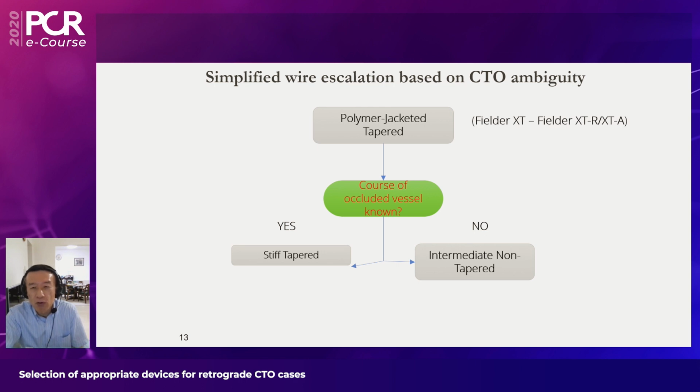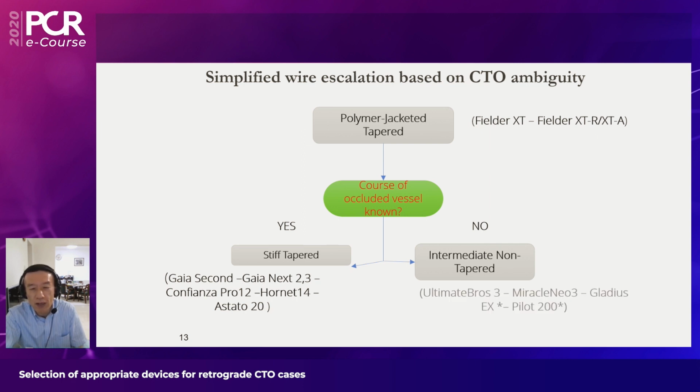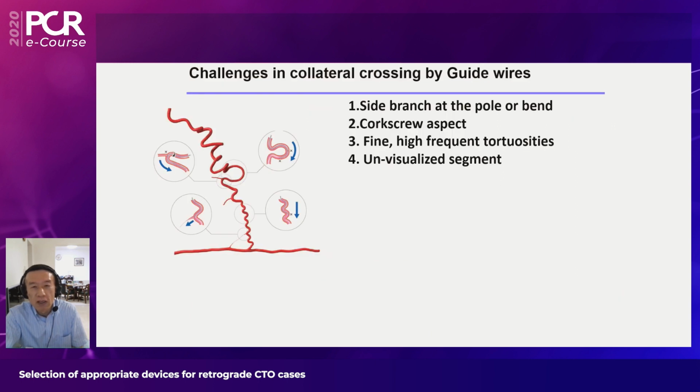If you have a polymer jacketed tapered wire such as a Fielder XT, XTR, XTA, and you have an idea of the course of the occluded vessel, probably you can go to a stiffer tapered wire such as Gaia Second, Gaia Next or Confianza Pro. If you don't have the idea of where the vessel is, probably we can go with the knuckle wire, as well as Ultimate Pro 3 gram, Gladius EX or the Pilot 200 wire.